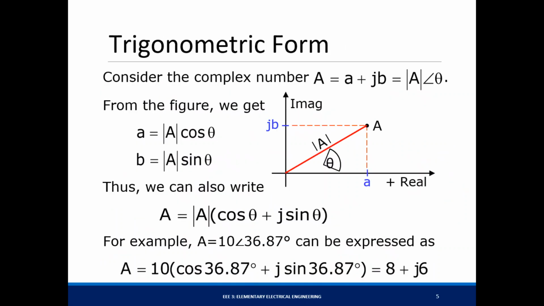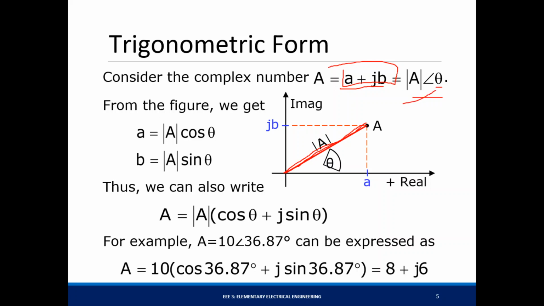Next we have the trigonometric form. Consider the complex number written in rectangular coordinate form like this and polar coordinate form like this. If we're gonna use trigonometric form, since this is a triangle defined by this magnitude A, the trigonometric form is just an offshoot of your rectangular form, but instead we'll write this rectangular form in terms of the magnitude A and the angle theta.